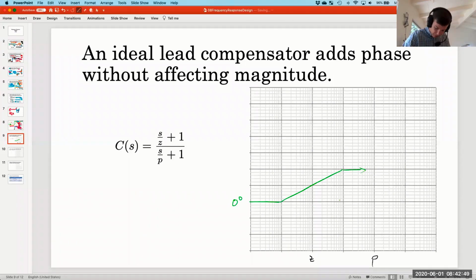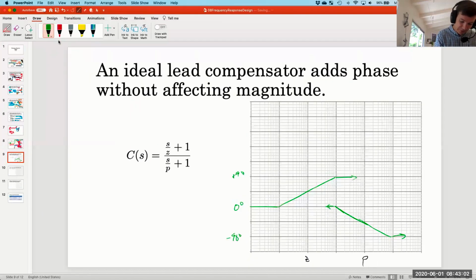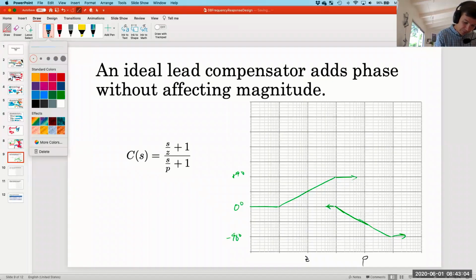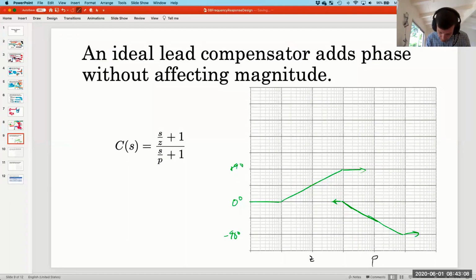The pole goes down by 90 degrees. So here's plus 90, here's minus 90 degrees. And so the combined curve will be 0, 0, 0, and then it will start to follow the 0 up until it starts to feel the pull of the pole down.